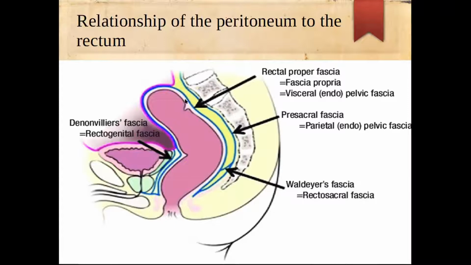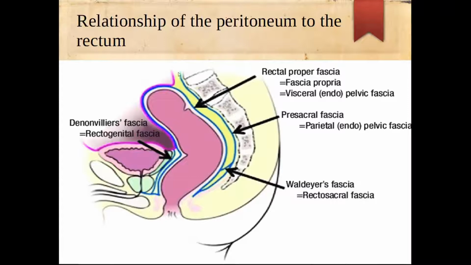If you go here and breach the fascia propria, you will injure all the structures here, the lymph nodes, the blood vessels, and everything, and this is not a proper TME. You will leave a lot of tissue in your surgical field, and the patient will come back with early recurrence. You need to go in the holy plane between the presacral fascia and the fascia propria.